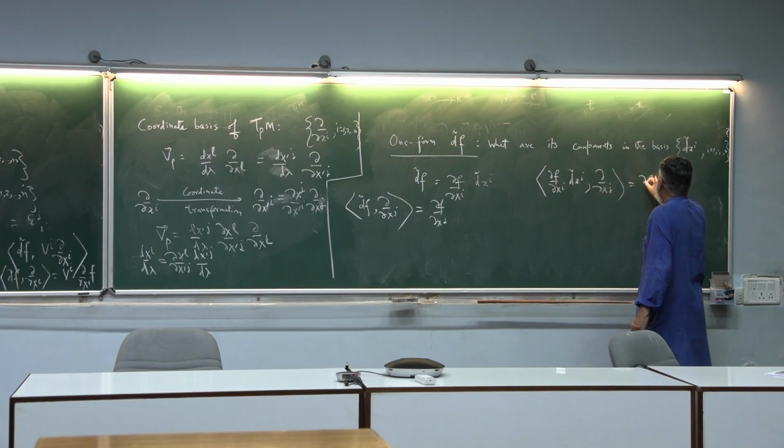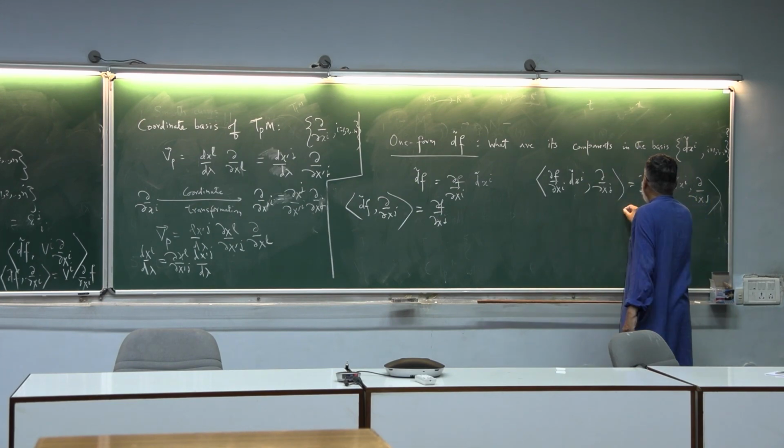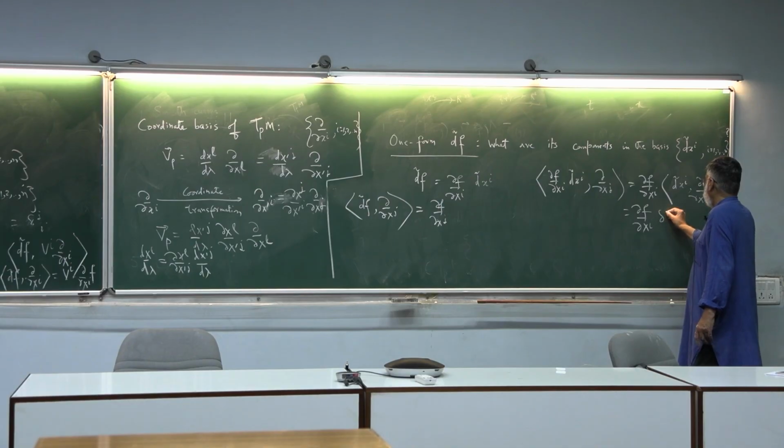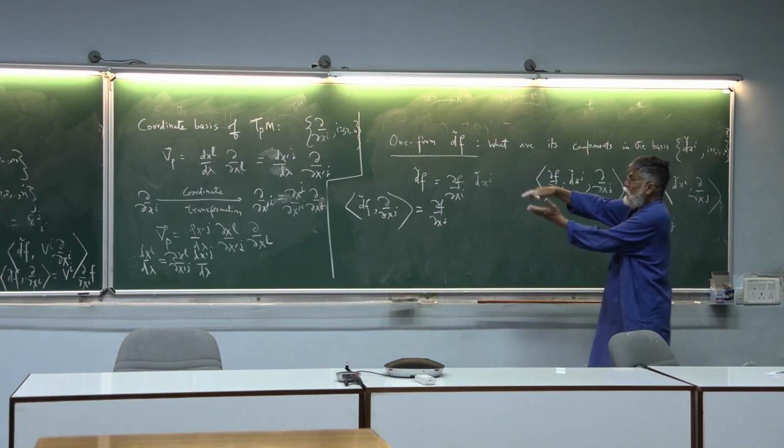So del f by del x^i, dx^i acting on del by del x^j, and this is the Kronecker delta we have already seen. Remember, whenever indices are repeating, they are being summed over. Del f by del x^i times this Kronecker delta, delta^i_j, because this forms an orthonormal basis.